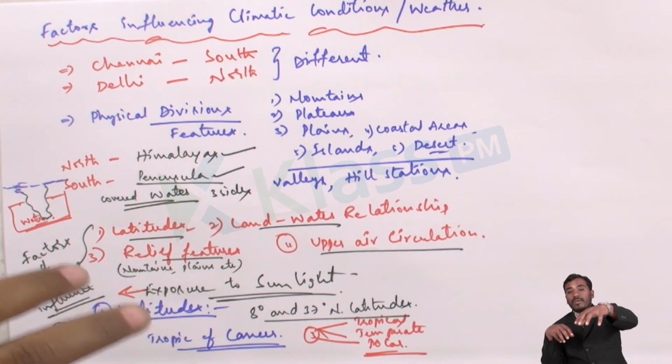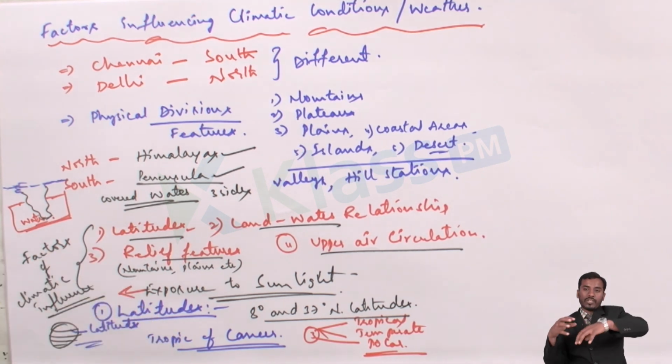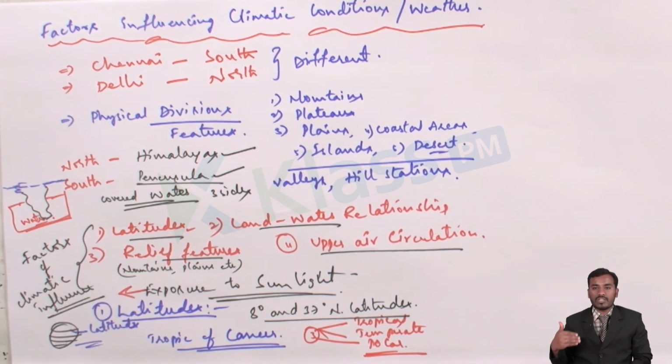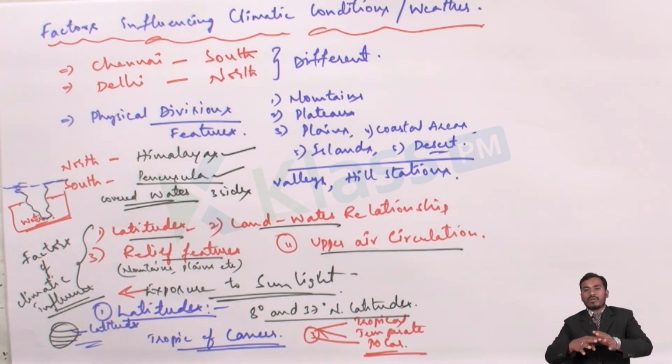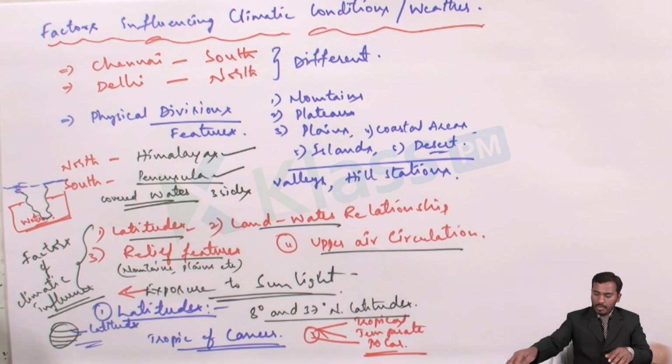Yes or no? So here we can understand the differentiation in latitude, the distance from the equator, and which zone it comes under. Based on that, the climatic conditions and features of that particular region will be affected. Next, we have land water relationships, which we'll learn in our upcoming class.